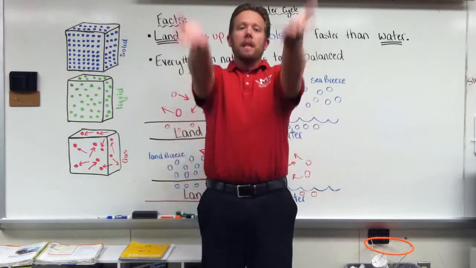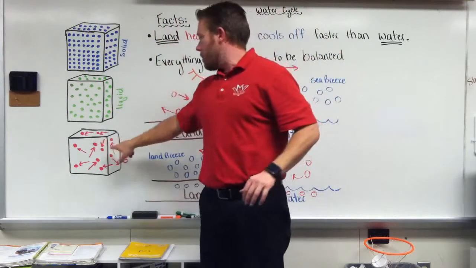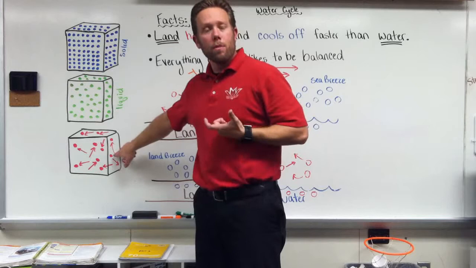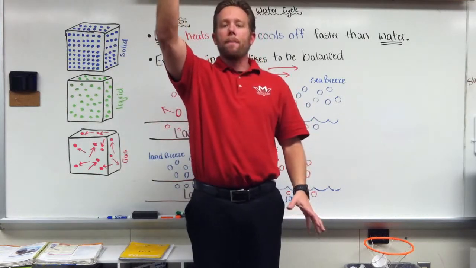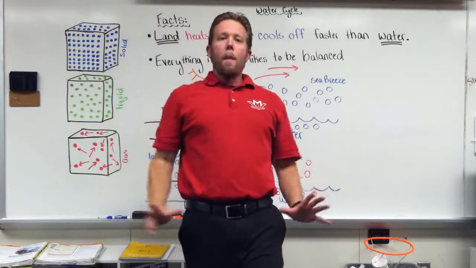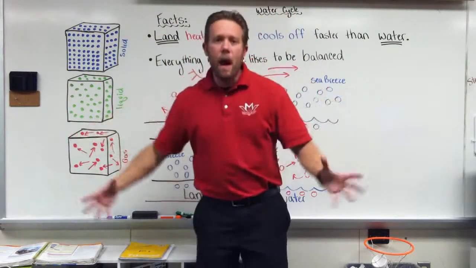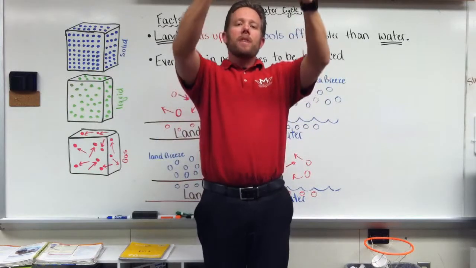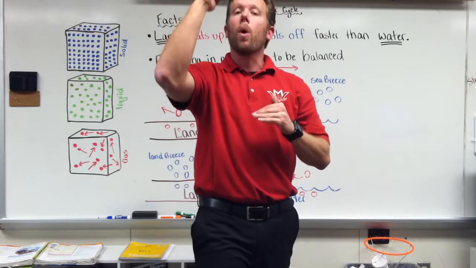So this water is lifted out of the ocean in the form of gas now because the molecules are moving around so fast, and they rise up into the sky. The warm air pushes this evaporated water into the atmosphere. The higher you get into the atmosphere, the colder it gets.